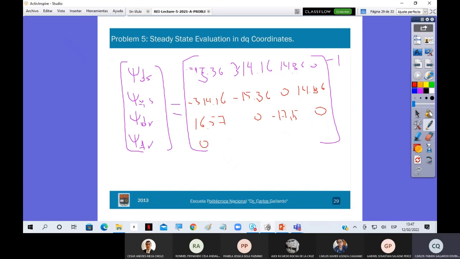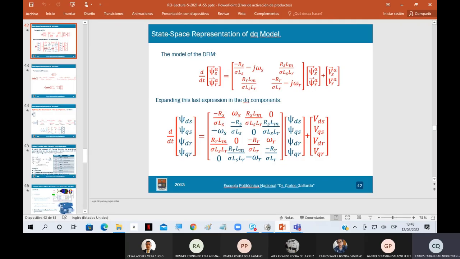This is the element 4 by 1. The 4 by 2, I will have 16.75, 0, and negative 17.15. I need the inverse of this matrix, times, according to the problem, the fluxes.